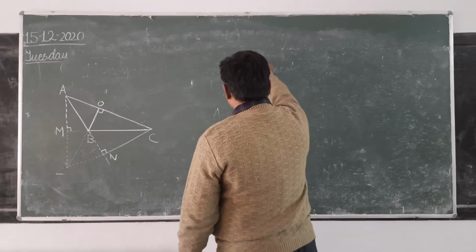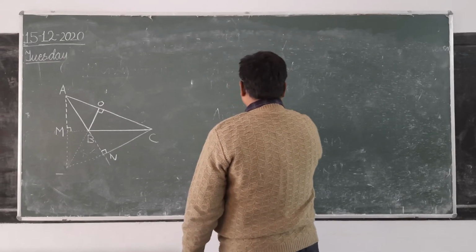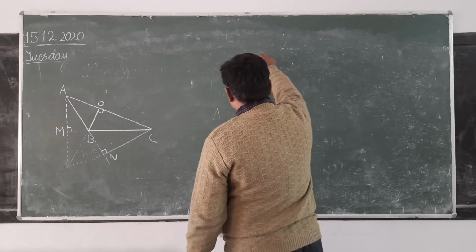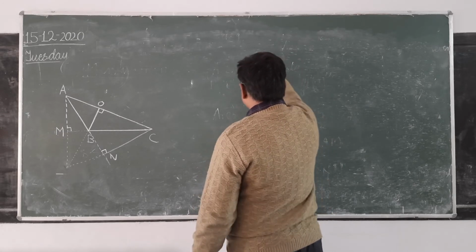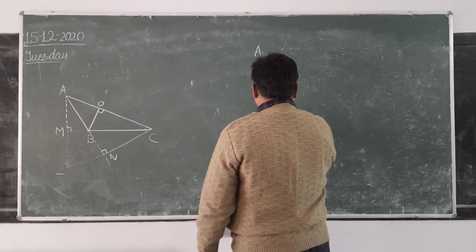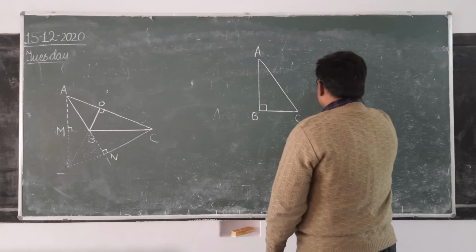Now see here, suppose the triangle is like this, a right angle triangle. A, B and C. This angle B is 90 degrees. Area.